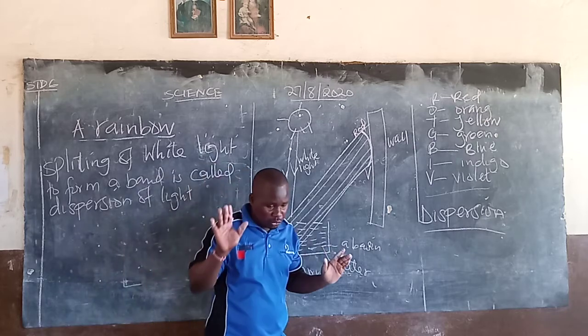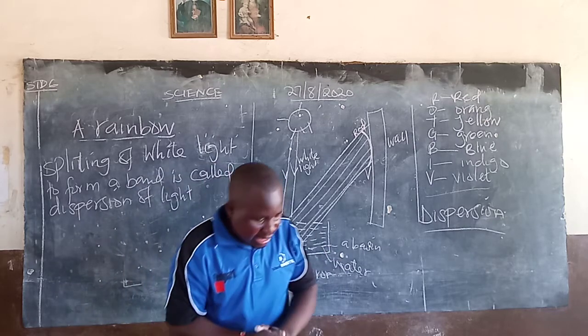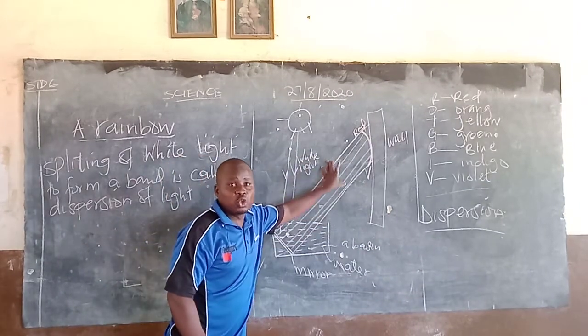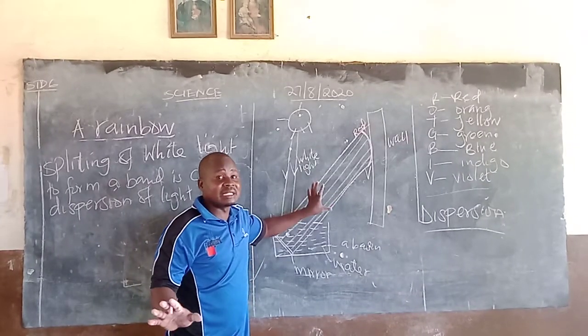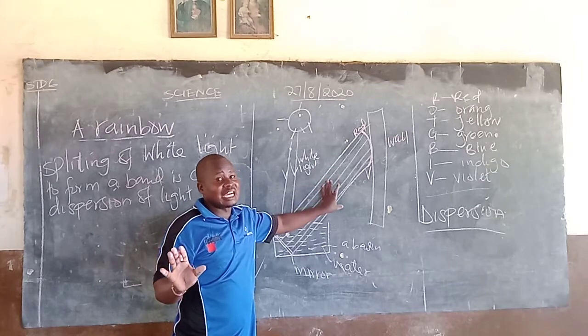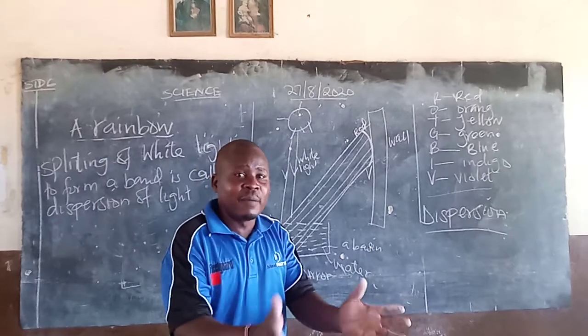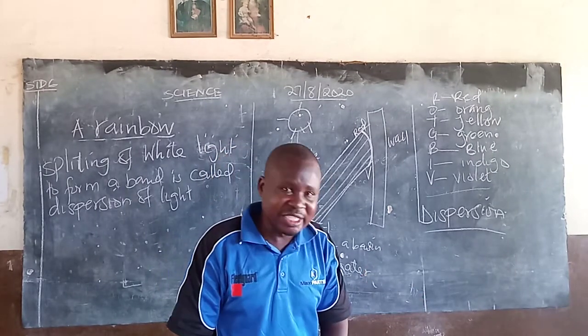Now, listen to this one also. We realize that a band of color, this group of colors, remember they are lights, form different colors. A band of that group of light forming a rainbow is called the spectrum.